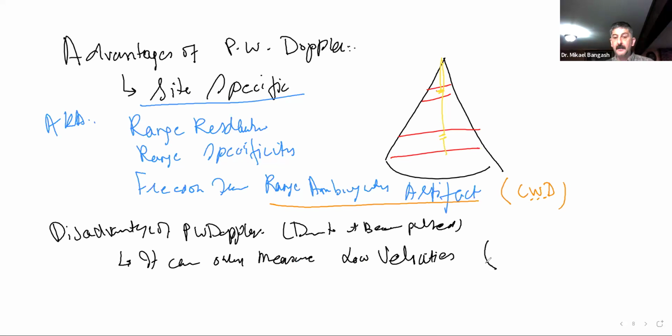What would that normally be ranging between? Three to 5 meters per second. Did you guys get that?